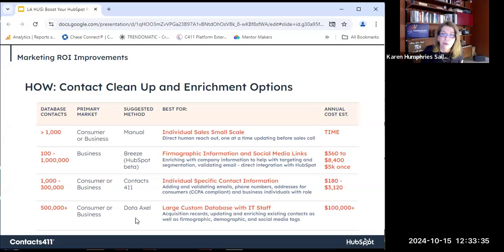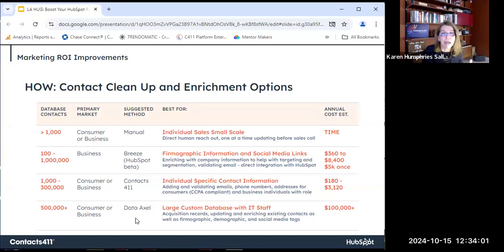It'll also validate that work email for you. And there's a direct integration. It gives firmographics like how many people work there. They'll do what department someone works in, what industry the company's in, what's their URL. And so we put the estimated annual costs on the side there and how many database contacts you can use. So that's in beta. That's really cool.